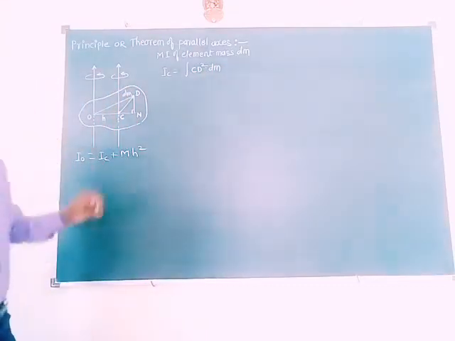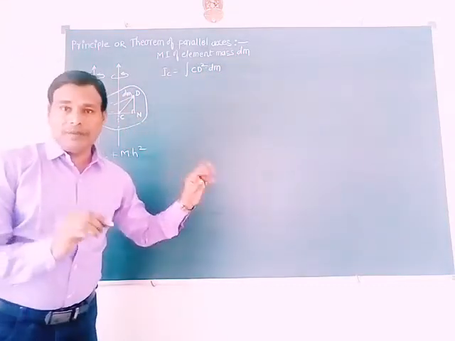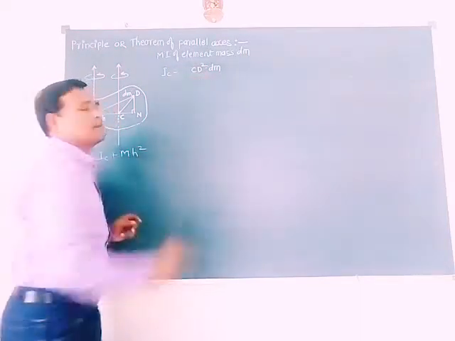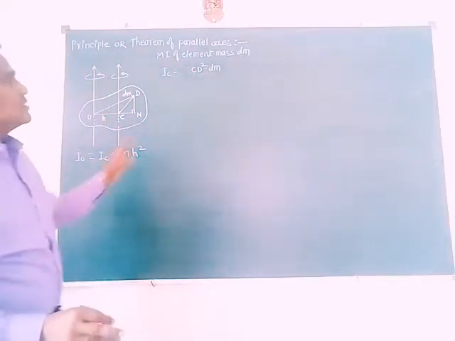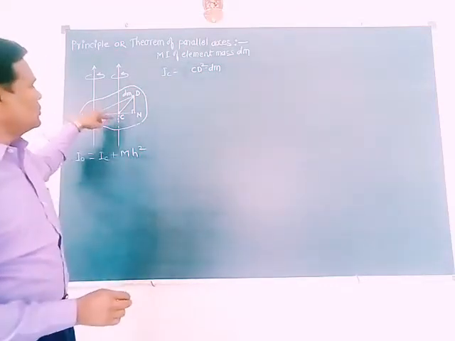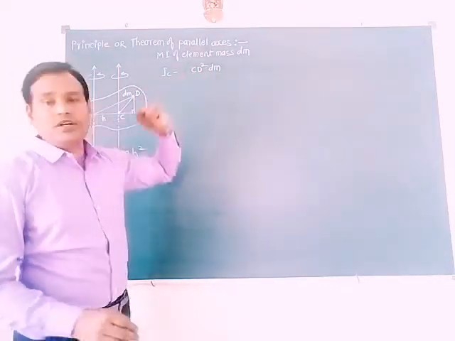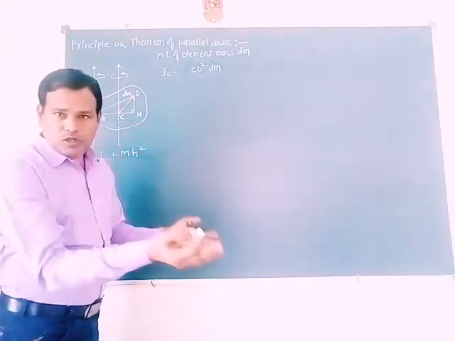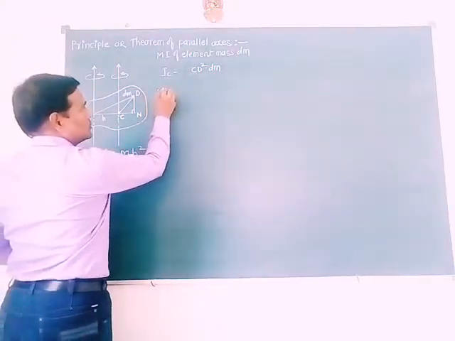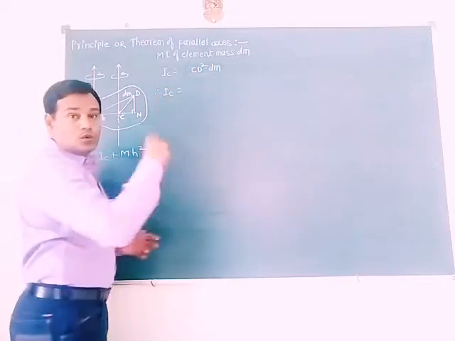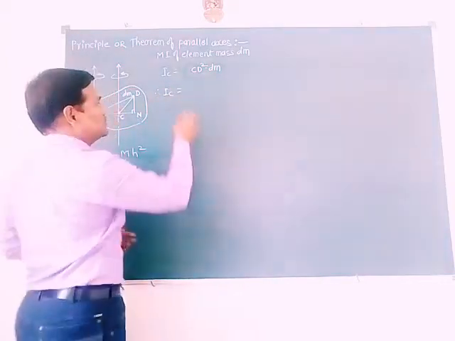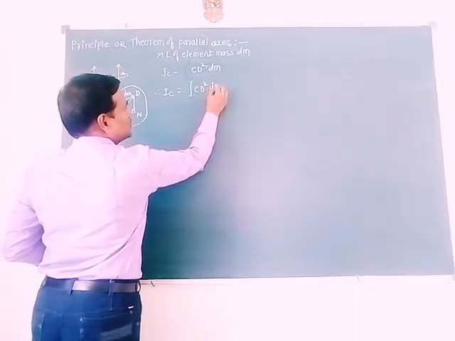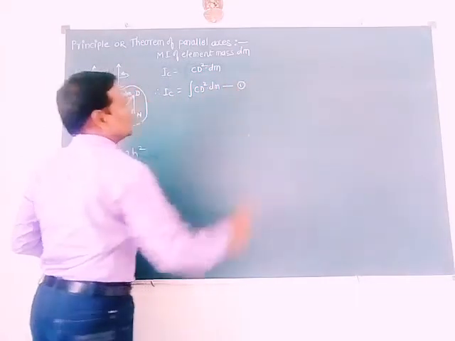This is the moment of inertia of the element mass about the axis passing through the center, CD square, or R square, into dm. For the total body, the moment of inertia IC is equal to the integration of CD square into dm. Consider this as equation number 1.